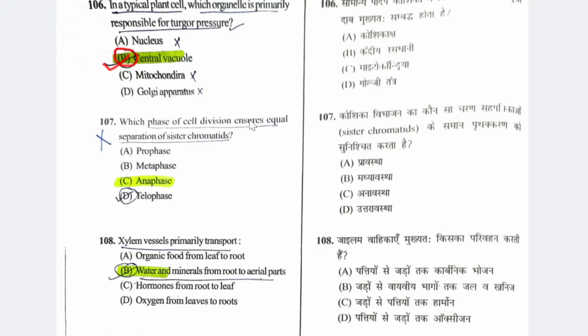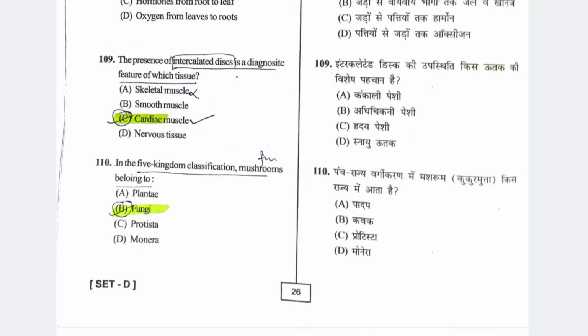Which phase of the cell division ensures equal separation of sister chromatids? So correct answer is option number C, anaphase. Xylem vessels primarily transport water and minerals from roots to aerial parts. Option number B will be the correct answer. 109.